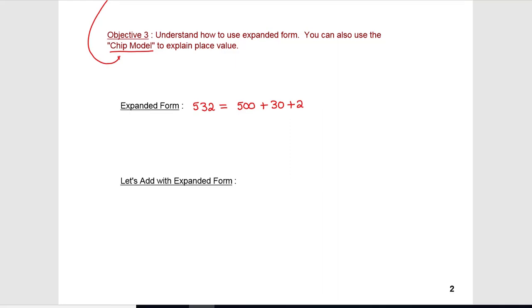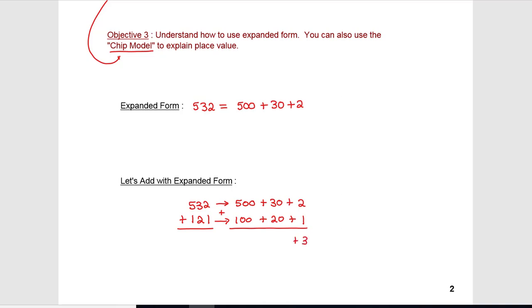So when we add doing that, 532 plus 121 will look like this. 500 plus 30 plus 2, and we're going to add to it 100 plus 20 plus 1.